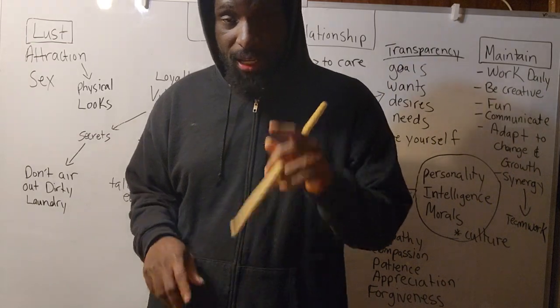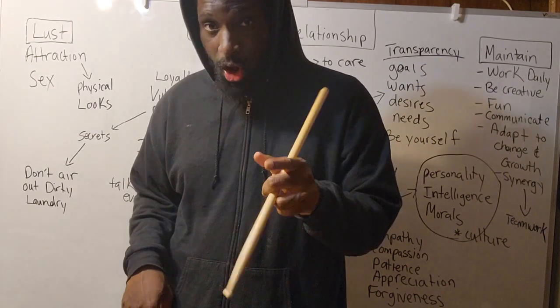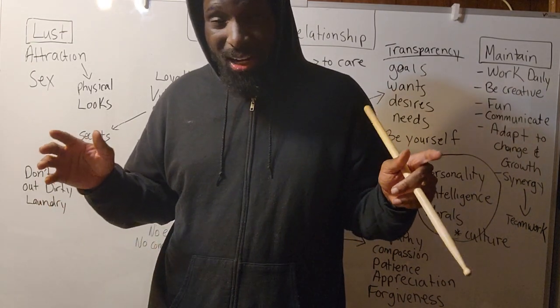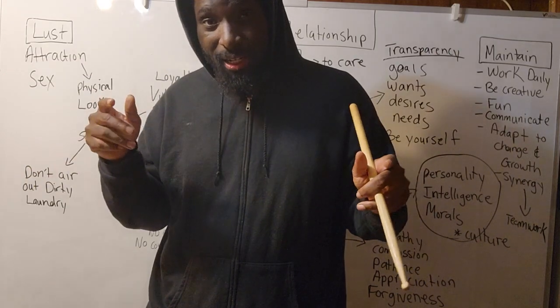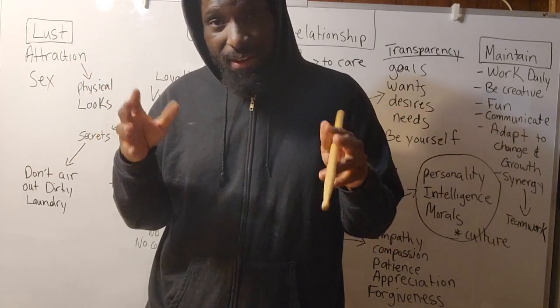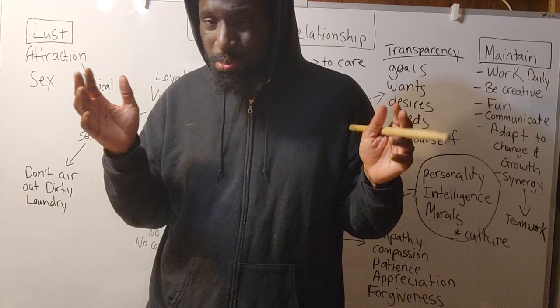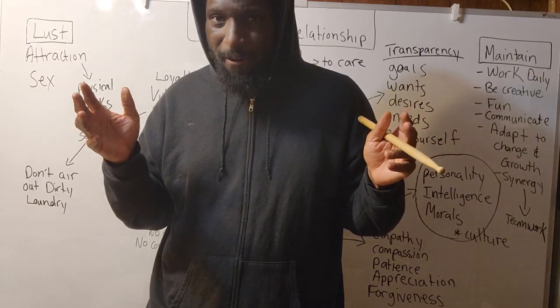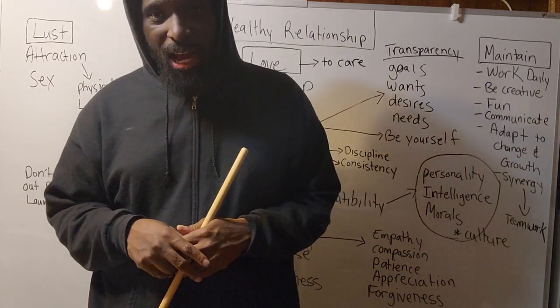And life can be long. Life is long, right? Think about living 100-something years. Think about living 80 years, 70 years, 50 years is pretty long, right? So you gotta be able to talk about everything.